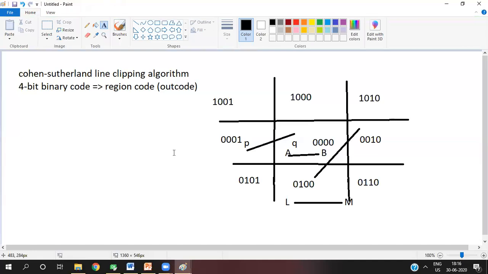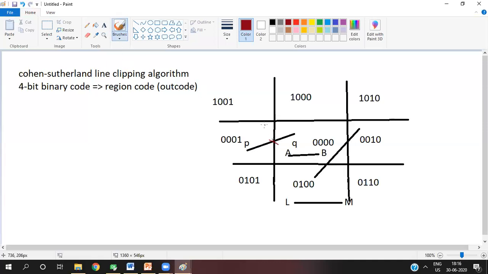Now we will see how to find the intersections for the line. For the PQ line, here is the intersection point.